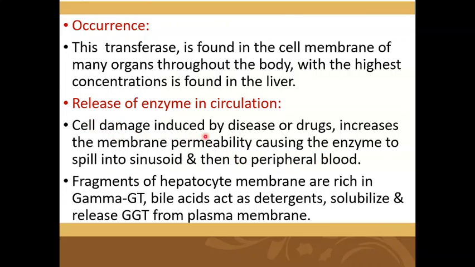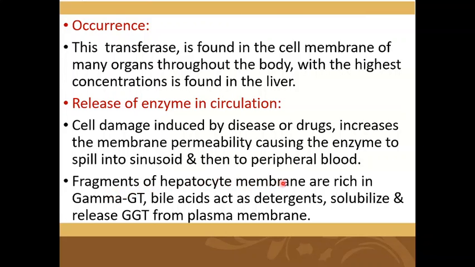So whenever there is cell damage, any disease of the liver, or cell damage by drugs, the membrane permeability increases, and in this way the enzyme is released into the sinusoid and then into the peripheral blood.